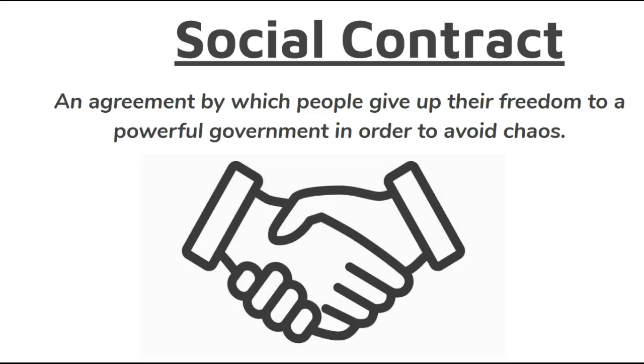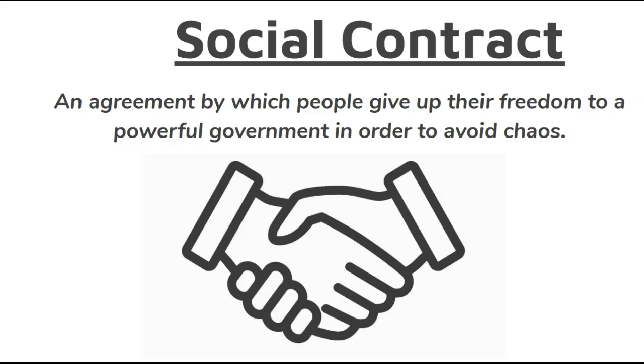Transitioning, now we're going to talk about the social contract. Realize the social contract and the state of nature go hand in hand. They are related to each other. There's a connection there. Social contract is an agreement by which people give up their freedom to a powerful government in order to avoid chaos.